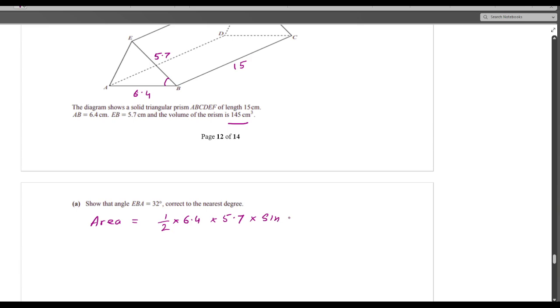So sine of angle EBA. Okay. Now area, if you see, your volume is given 145. So it is 145 divided by your length, which is 15. This is your area. So this is going to be equal to 1 divided by 2 times 6.4 times 5.7 times sine of your angle EBA.